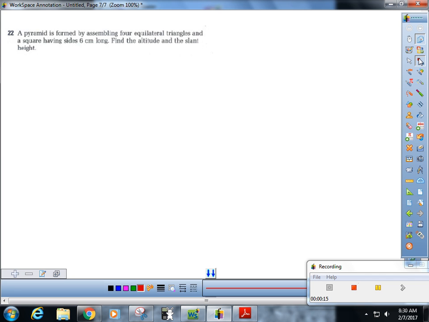Alright, so a pyramid is formed by assembling 4 equilateral triangles and a square. So again, we've got to learn how to draw the best pictures we possibly can. When you're drawing these three-dimensional figures, my suggestion is to start with the front face, okay?